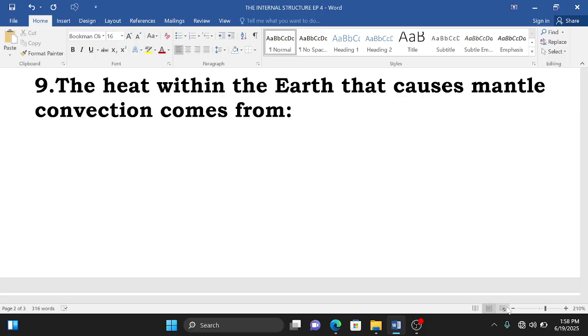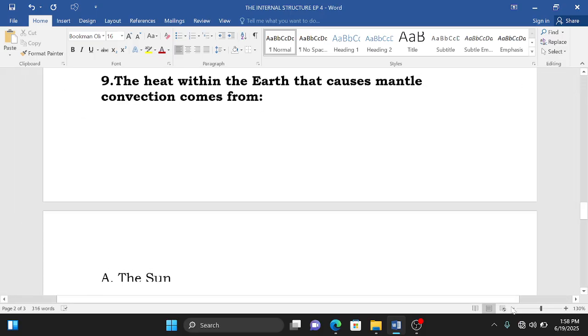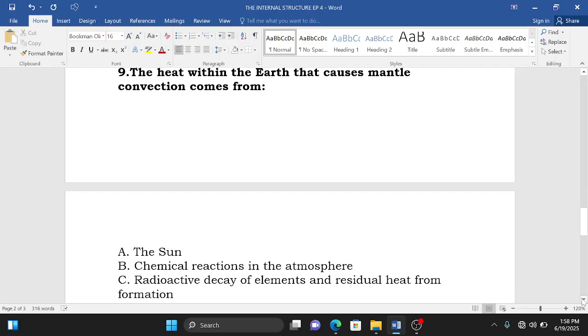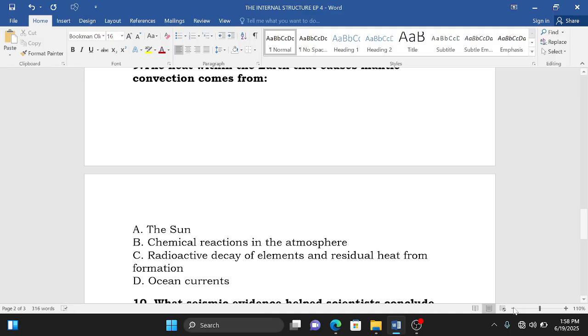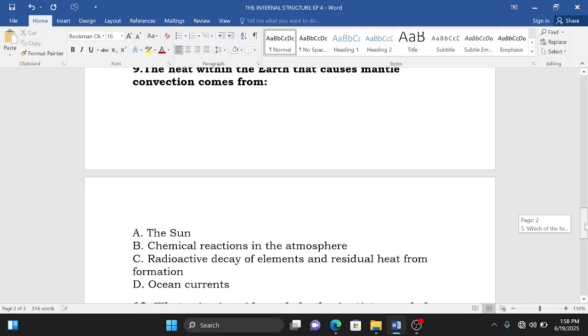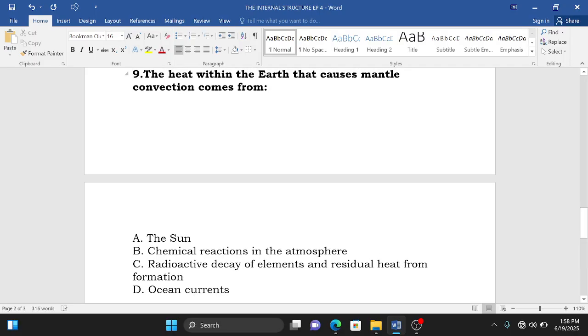We go to question number 9. The heat within the earth that causes mantle convection comes from: A, the sun; B, chemical reaction in the atmosphere; C, radioactive decay of the elements and residual heat from formation; D, ocean currents.